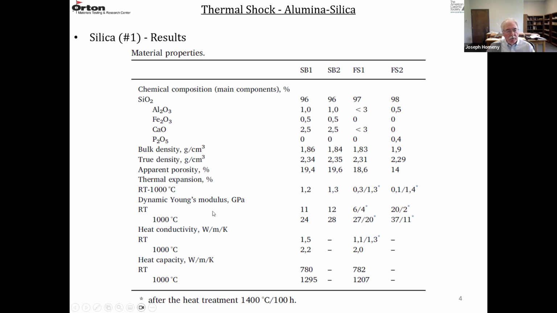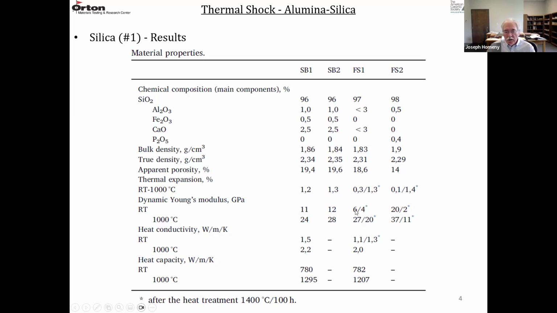And the dynamic Young's modulus, this is in gigapascals. Both of the crystalline silica bricks start out around 11 or 12. And then when you go through the phase transitions for cristobalite and tridymite, the modulus becomes a little more than double.